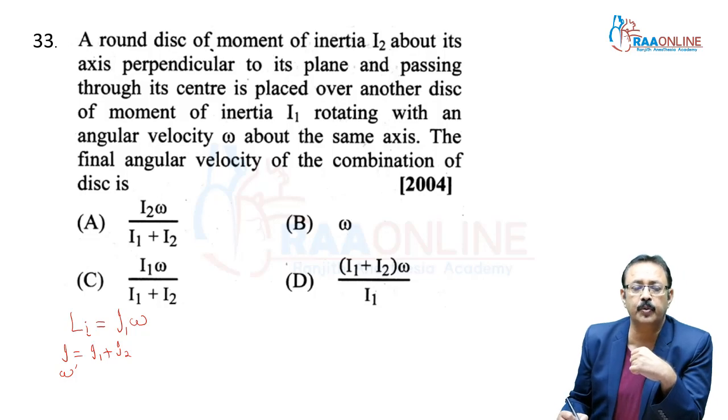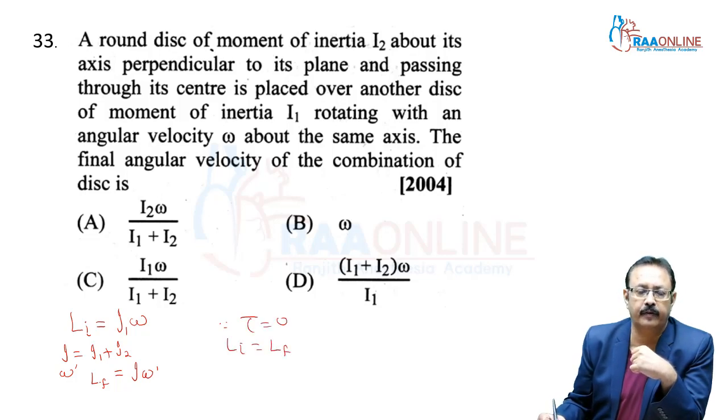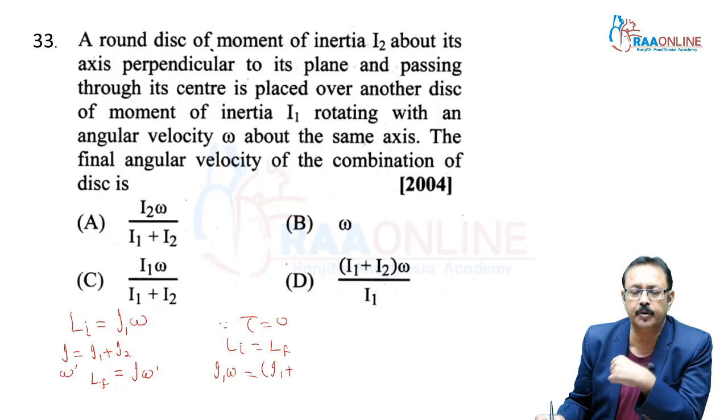So what is the new angular momentum? The final angular momentum should be I omega dash. But since torque was not there, Li should be equal to Lf. So I1 omega should be equal to I1 plus I2 times omega dash.